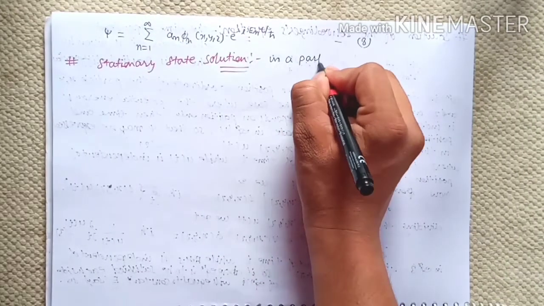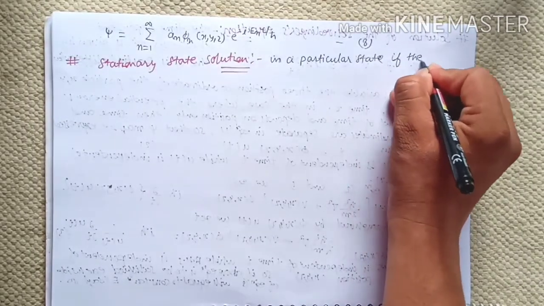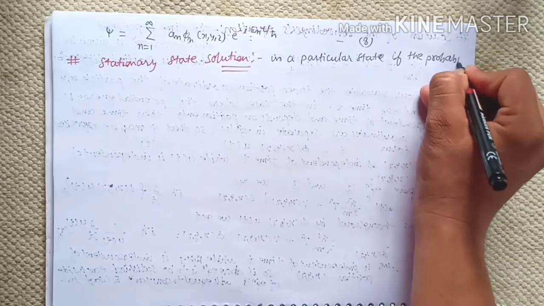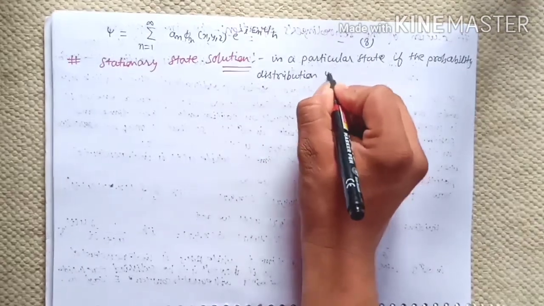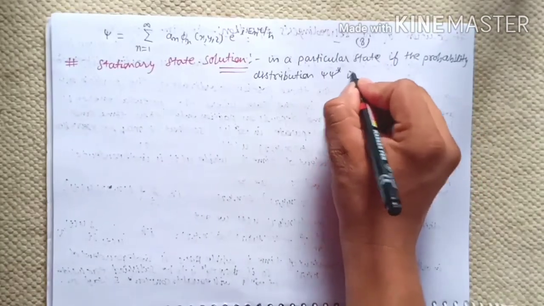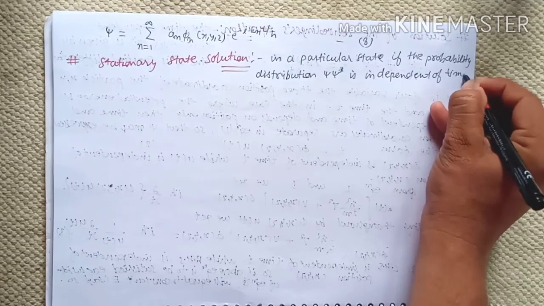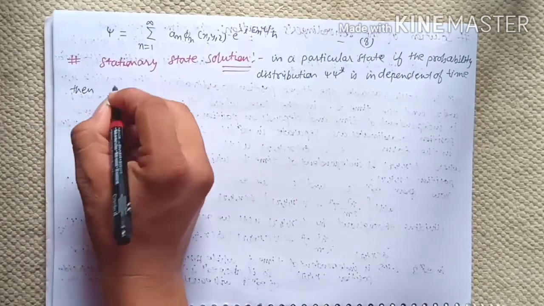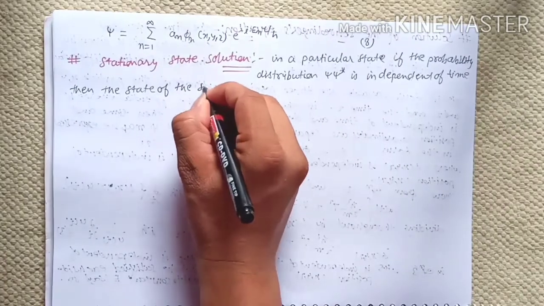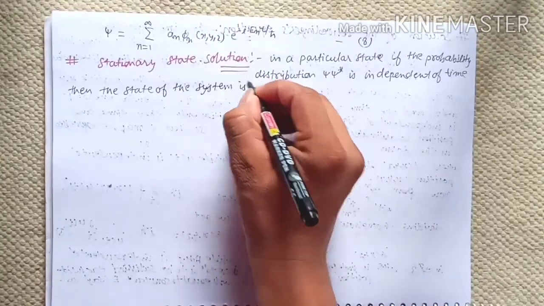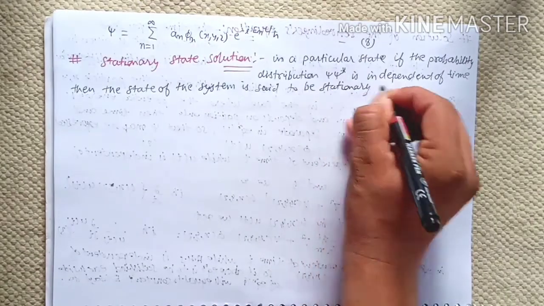In a particular state, if the probability distribution psi star psi is independent of time, then the state of the system is said to be stationary state.